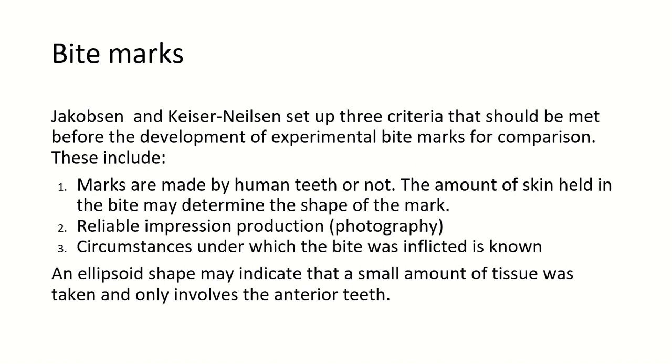Second is reliable impression production, or the photographs should be clear and reliable. Third is the circumstances under which the bite was inflicted. Then, an ellipsoid shape indicates a small amount of tissue was taken during the bite and only anterior teeth are involved.